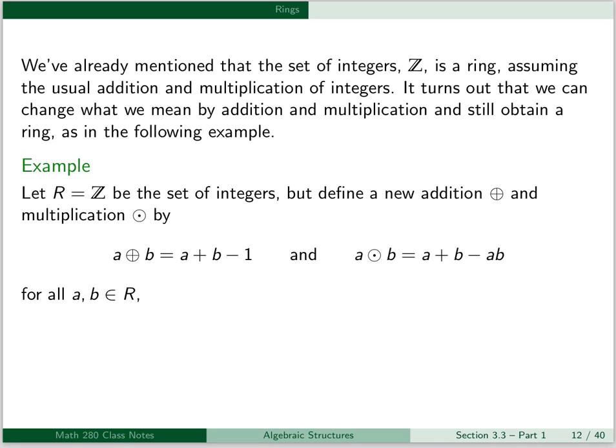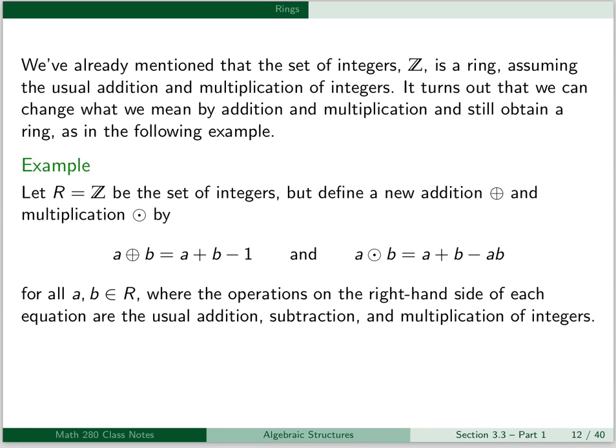And so we have this new addition, circle plus, and new multiplication, circle dot, which are defined by a circle plus b is a plus b minus 1, and a circle dot b is a plus b minus ab, for all a, b in R, where the operations on the right-hand side of each equation are the usual addition, subtraction, and multiplication of integers.